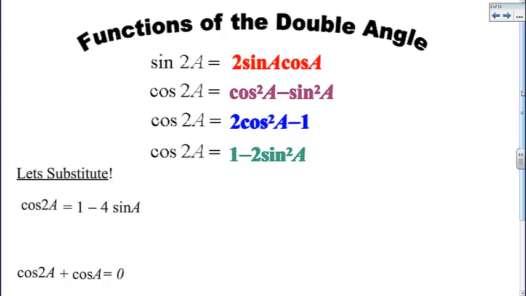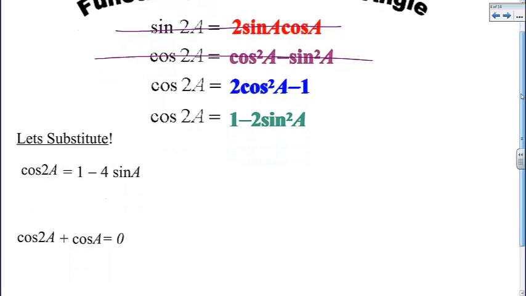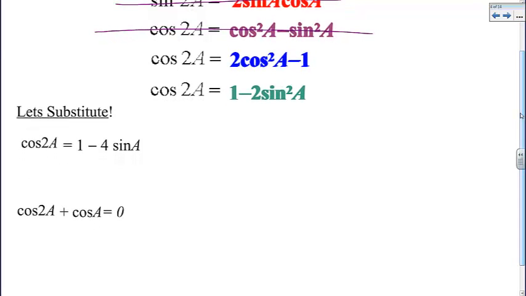Now, let's practice a little bit with substitution. These are the 4 double angle equations you will be given on the reference sheet. Note that only 2 of them have a substitution that has only one function in it, so we will focus only on the bottom 2. In the first example, you note that we have a double angle and a second term that is in terms of sine. As such, we will choose to use the substitution that involves sine and rewrite our problem as shown.